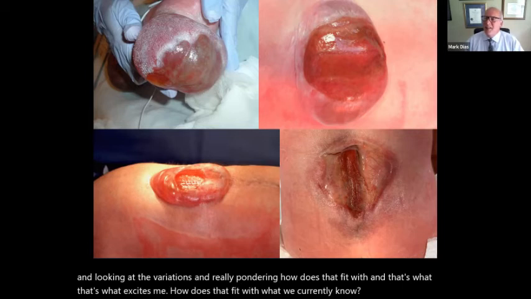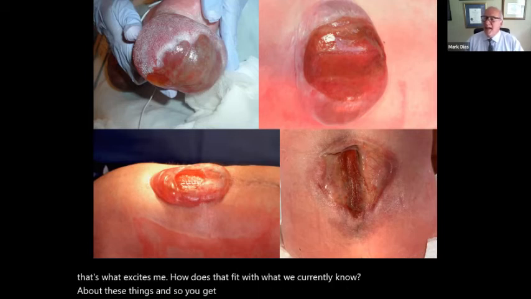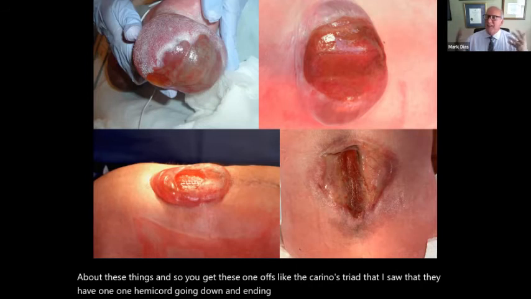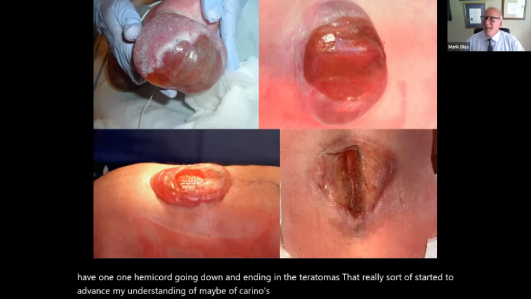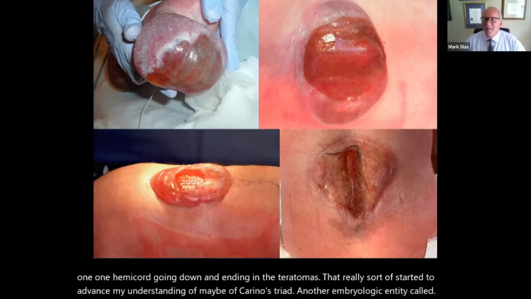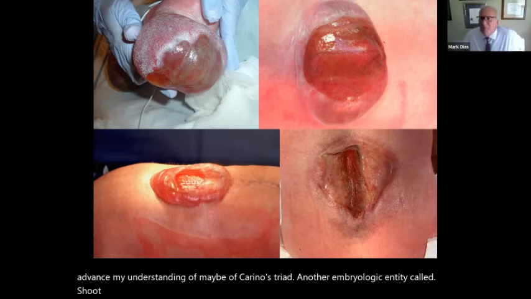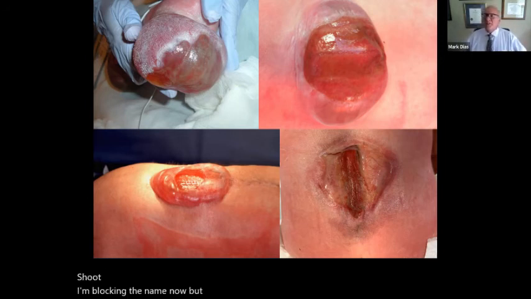And so you get these one-offs, like the Currarino's triad that I saw that had one hemicord going down and ending in the teratoma. That really started to advance my understanding of Currarino's triad. Another embryologic entity, I'm blocking on the name now, is essentially a spondyloptosis of the vertebrae.